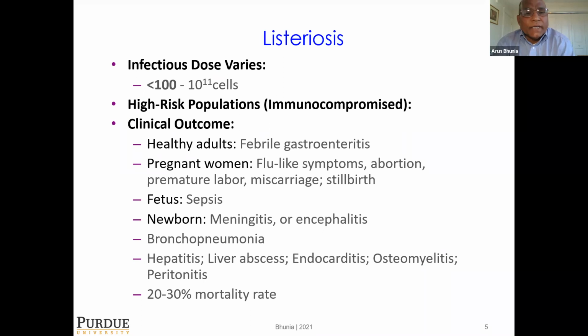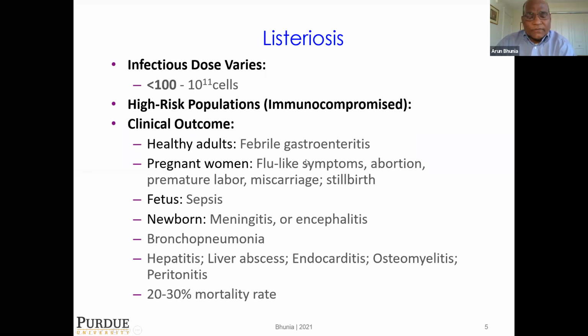As low as 100 cells, or even lower, and also as high as 10 to the power 11. So that's a broad range. It primarily infects immune compromised people. Healthy adults are generally at low risk, but we may suffer from febrile gastroenteritis.